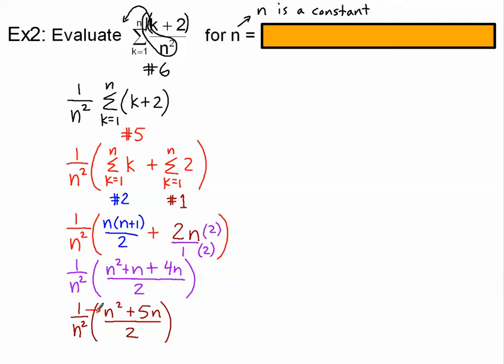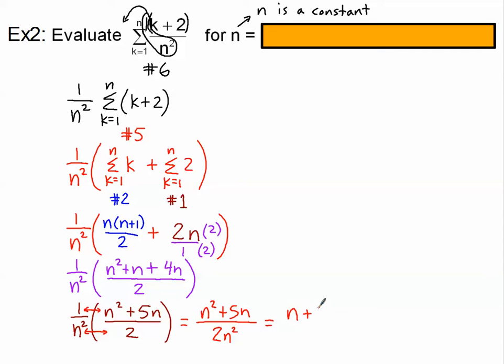Next, I can multiply straight across here. So 1 times the numerator, of course, is just the numerator, n squared plus 5n. And n squared times 2 becomes 2n squared. Pretty good, although now I see that there's an n in every spot, so I can actually reduce that.